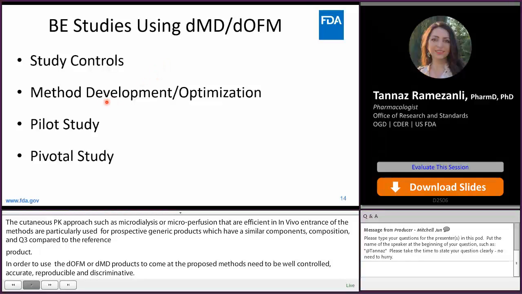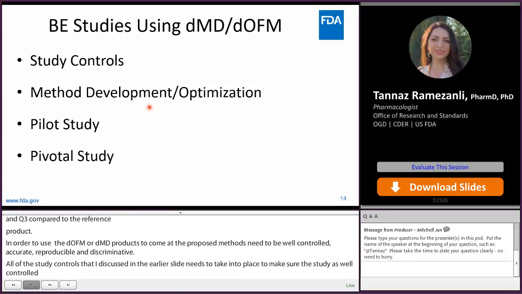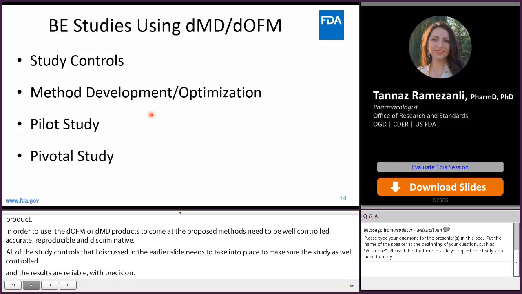Method development and optimization studies are preliminary studies that need to be conducted prior to the pivotal study in order to show that the method is able to discriminate differences in the bioavailability and also to finalize and justify the method parameters for the pivotal study.